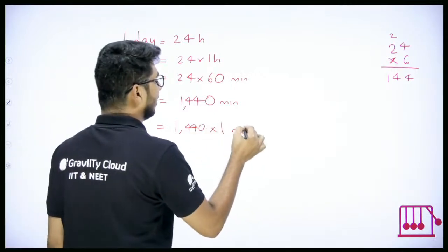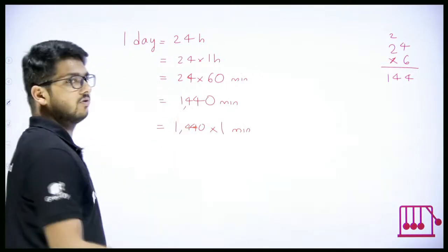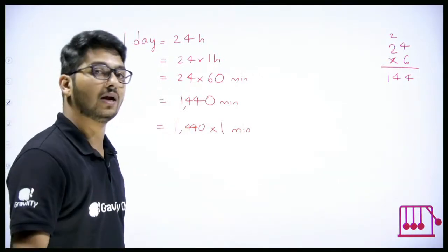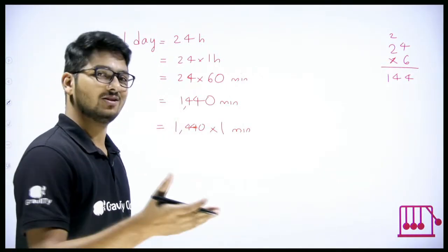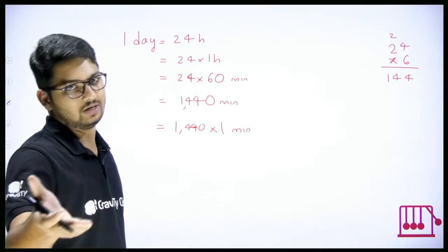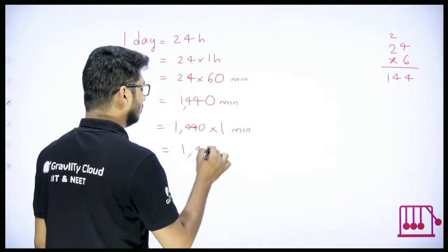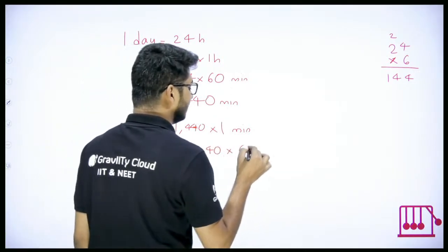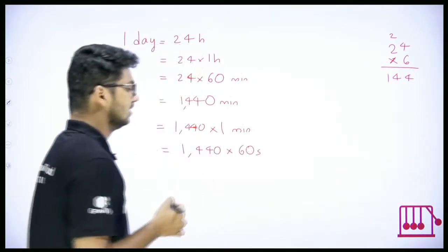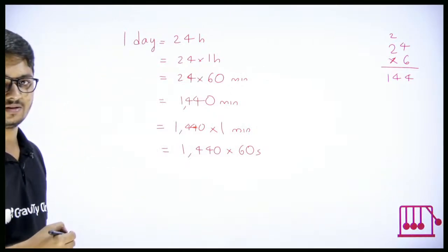Okay. Then again this I can write as 1440 into 1 minute. 1440 into 1 is equal to 1440, the same. But what is 1 minute equal to? 1 minute is equal to 60 seconds.